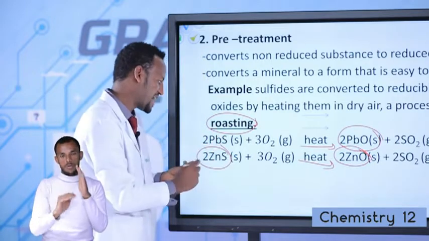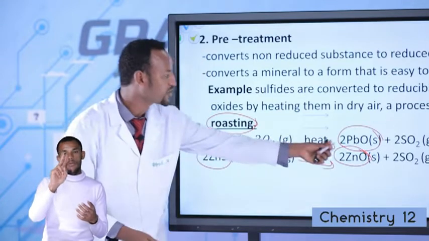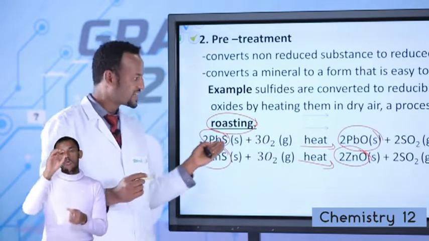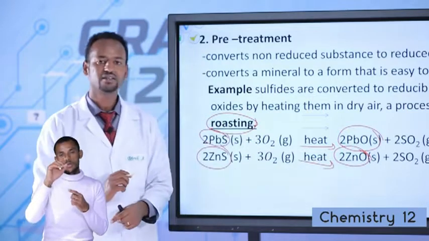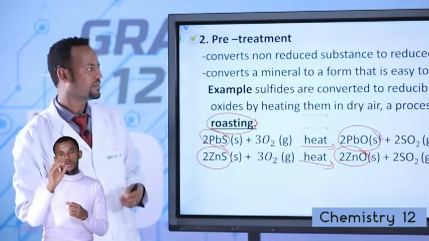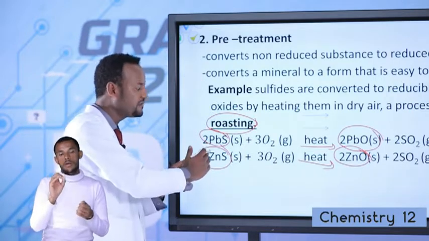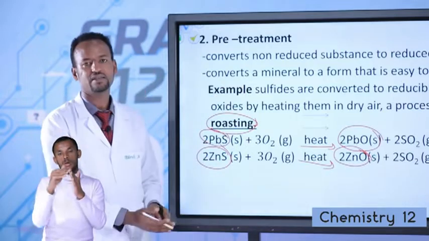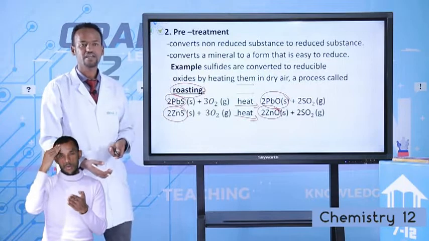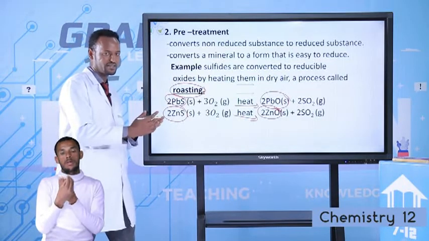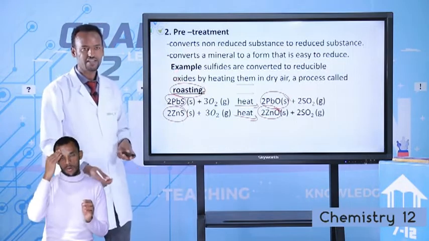Non-reduced substance like lead sulfide, like zinc sulfide, converted into oxide. Lead sulfide, lead oxide. Zinc sulfide, zinc oxide. By using of what? By using heat, by using O2. Therefore, non-reduced substance converted into reduced substance, a mineral easy to extract. This is known as pre-treatment. Sulfide converted into oxide is what? Known as roasting.